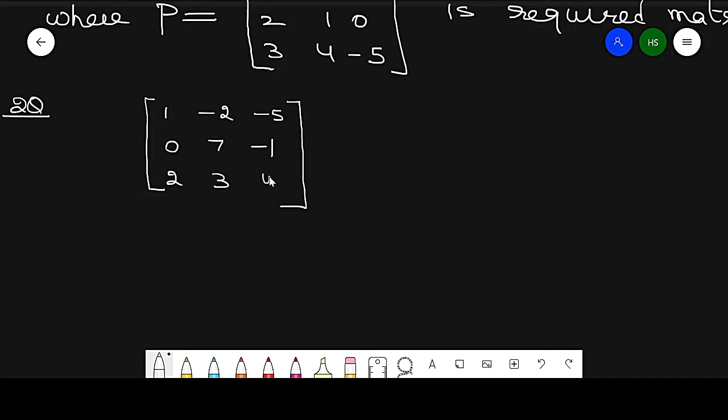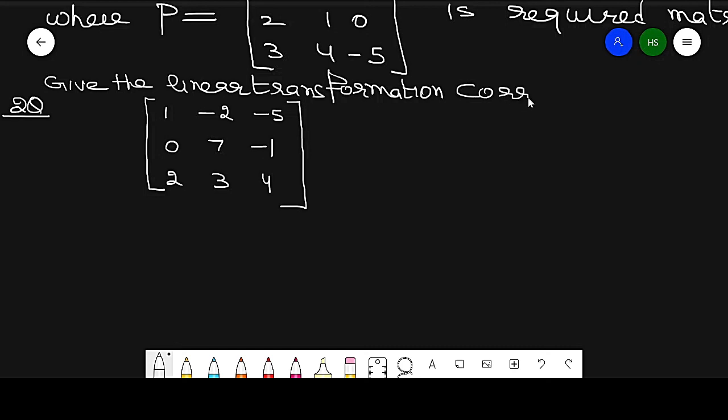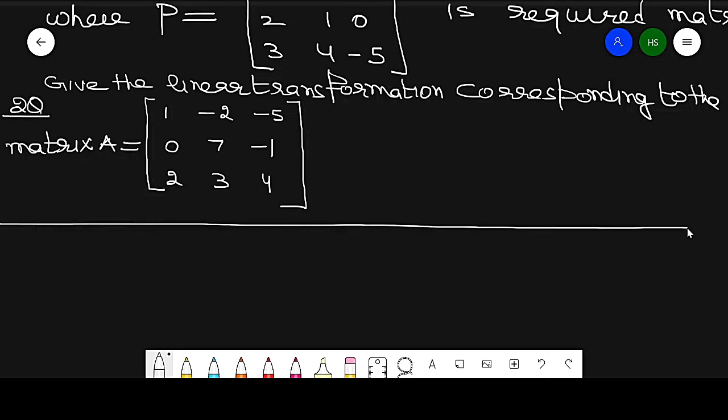So my aim is to give the linear transformation corresponding to the matrix A, which is equal to these values. So this is the statement of our question.